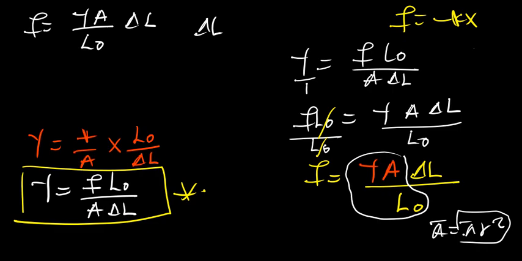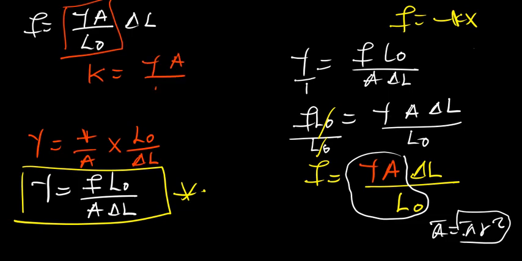What does it mean? It means that if these three things are not changing, then this is my K. So in this case, my K is the Young's modulus times area divided by L initial. My X is basically the change in L. So that's the relationship which is there.